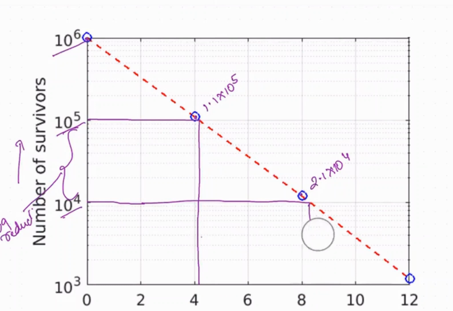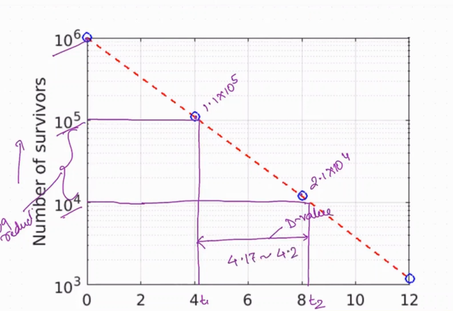In the previous video also I mentioned that the difference between this T2 and this T1 is the D-value. So from here we can see that approximately 4.17 or 4.2 minutes is the D-value. And if we take from 10 to the power 4 and from 10 to the power 3 also, the D-value will remain the same. So that's all for this video.